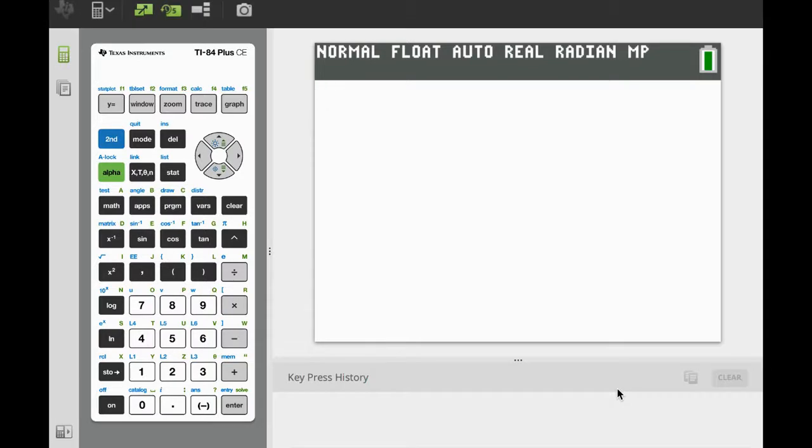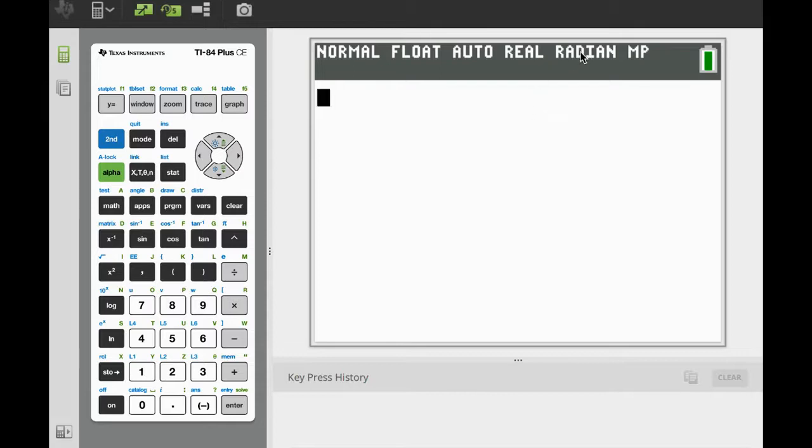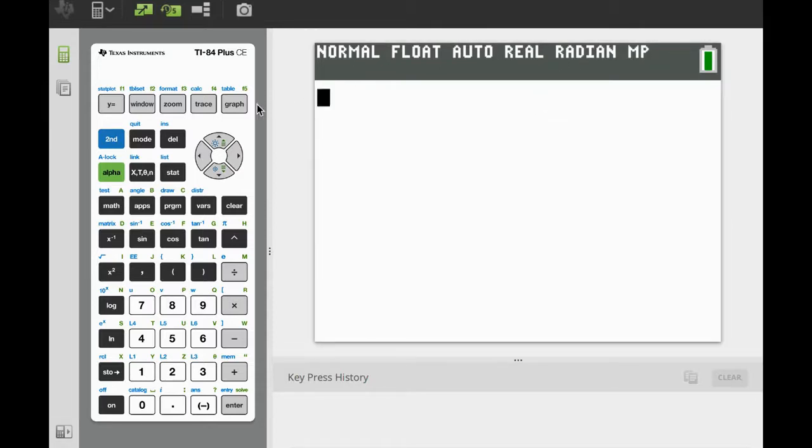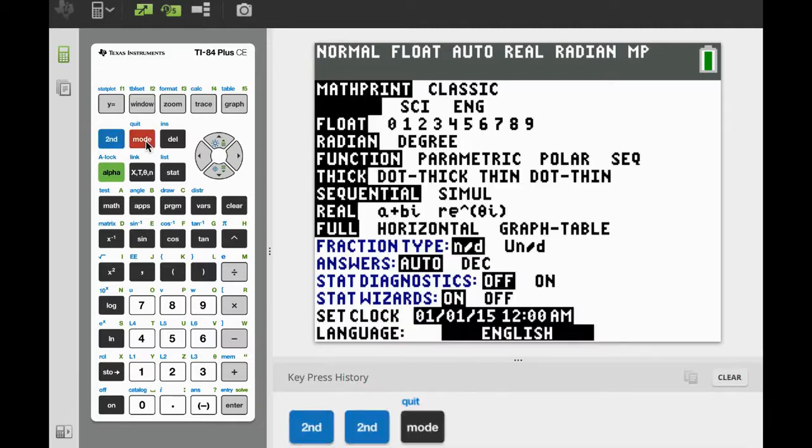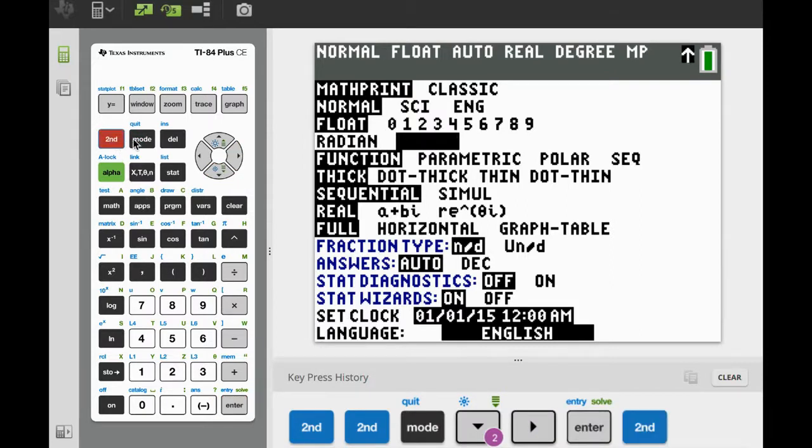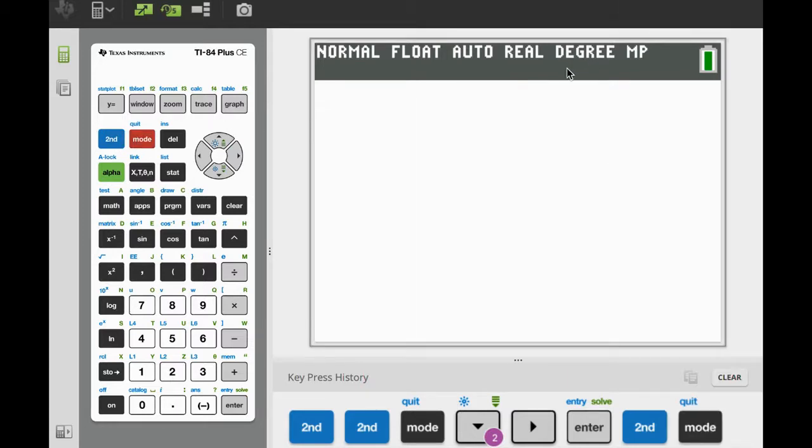Okay, so for that particular problem, I'm going to make sure my calculator is in degrees, which I can see right now that it is not. So if I go to second, no, actually not second, I think it's just mode. Yep, it's mode. Go on down and select degrees. Okay, so now my calculator is in degrees, and you can see it up here at the top.